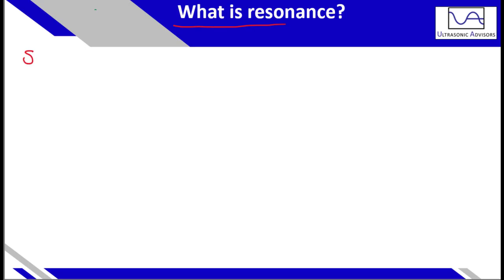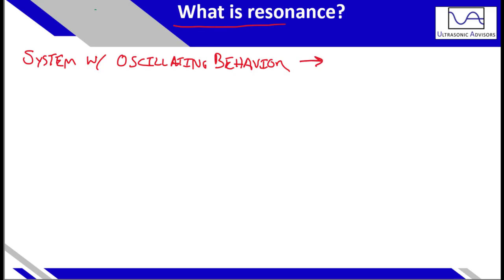So now we'll talk about what is resonance. If you think about a system with oscillating behavior, one of the most simple systems that you are introduced to as a child is a swing.